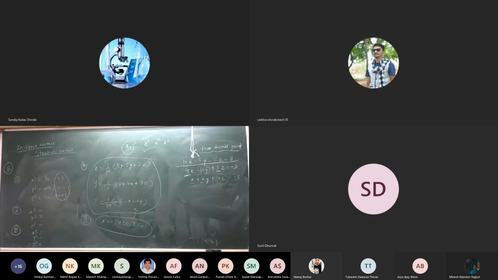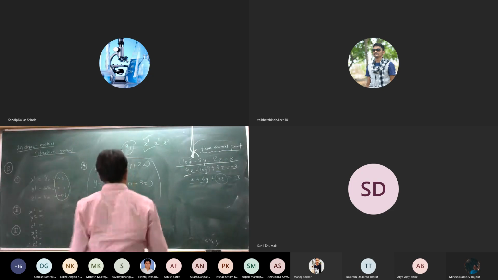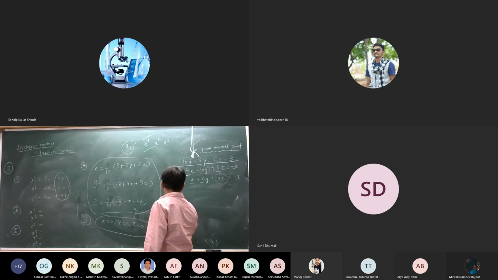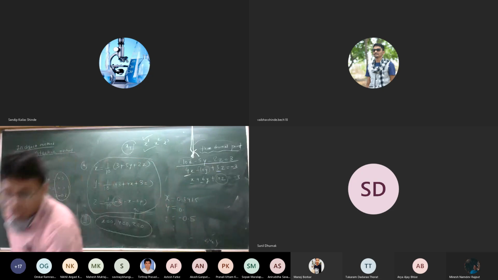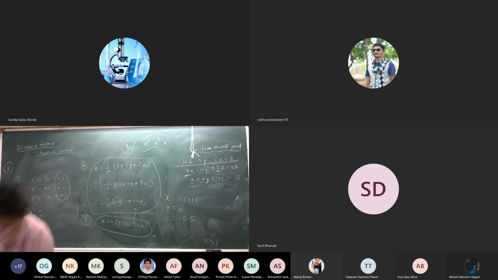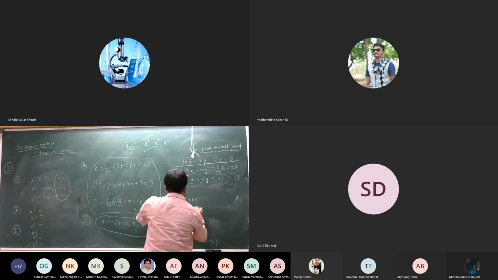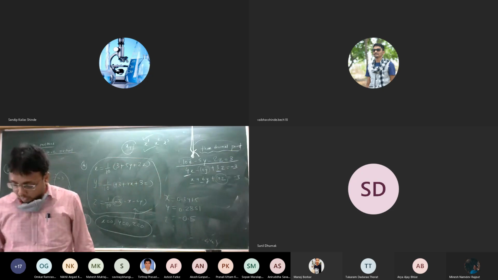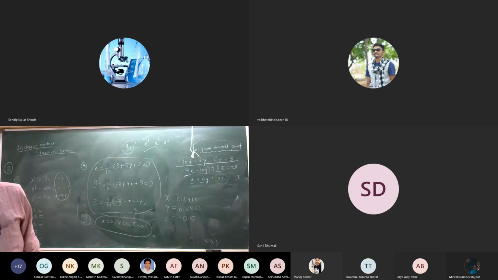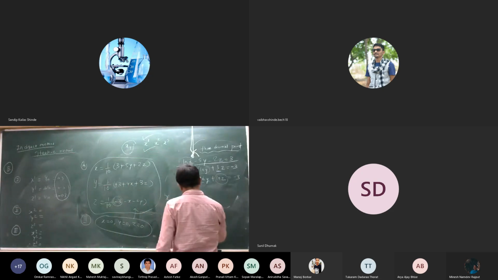The 9th iteration we required, 9 iterations. The exact solution should be 0.3415, 0.2851 and the last minus 0.5053. At the 9th iteration, these values are what you get.